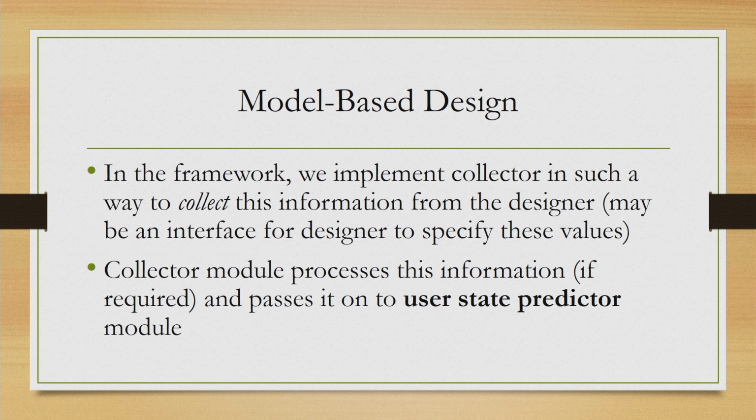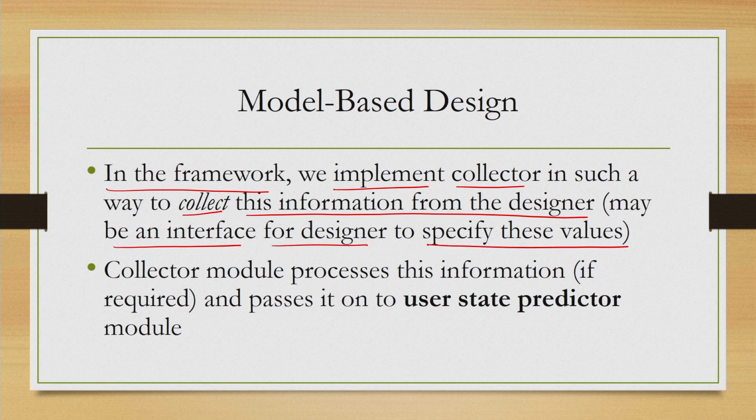So, then what can we do? In the framework we implement the collector in such a way that we can collect this information from the designer. Which information? The distance between keys and the key width of each key. It may be implemented by providing an interface to the designer for specifying these values.